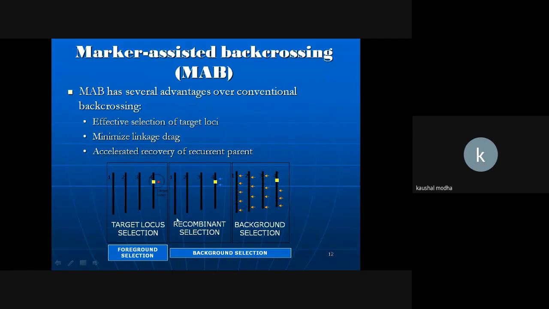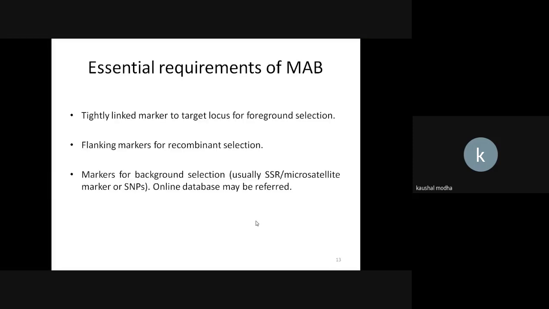Sometimes both these two components are categorized under background selection, but I would distinguish foreground selection and recombinant selection, and there is a distinction between recombinant selection and background selection also. I will explain them. So these are the three important aspects of marker-assisted backcross: effective selection of the target locus, minimizing the linkage drag, and accelerating the recovery of the recurrent parent.